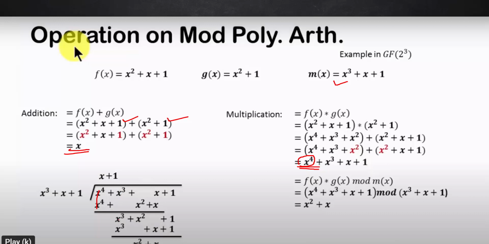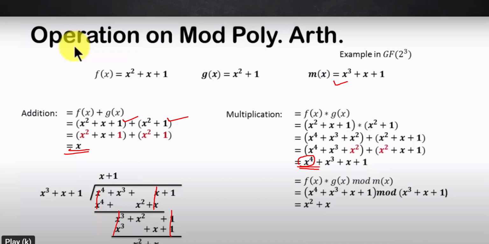Write this x cube here, write this x square here, and this x and x are inverses of each other, so cancel this, then write this 1. Next, put a 1 here. 1 into x cube is x cube, 1 into x is x, 1 into 1 is 1. Then these cancel each other, then x square and x, and again they cancel each other.